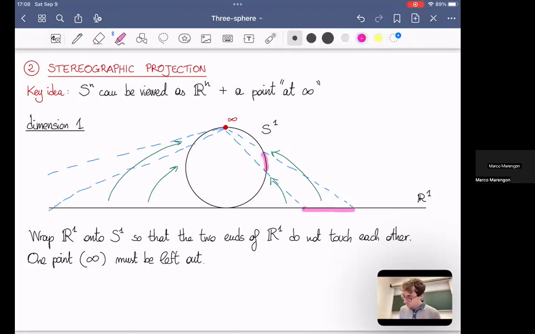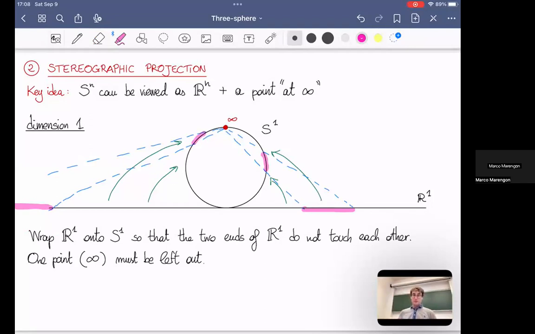Then here I have another part of the line that goes further away outside of the picture so that we don't really see it, and this part we wrap over here. So overall, I am wrapping all the line onto S1, leaving the point that I labeled infinity out.